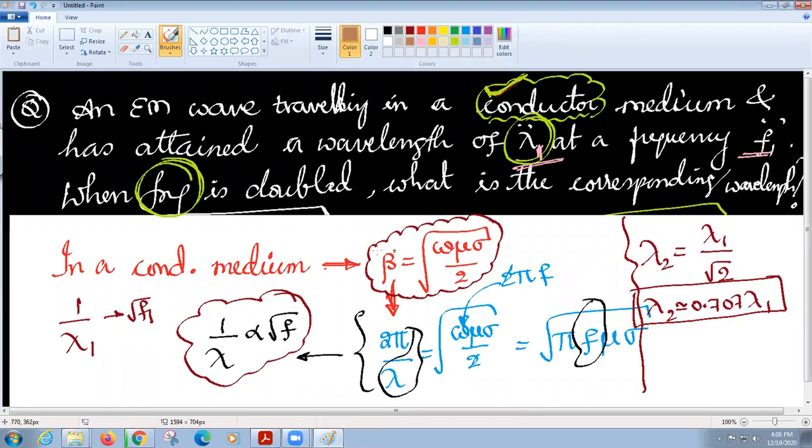You must be very quick in this. In beta I have lambda associated, but not with alpha. For conducting medium, alpha has the same formula, but alpha you can't express in terms of lambda. So you have the flexibility of expression in terms of lambda, 2 pi by lambda. You can now work out with this.